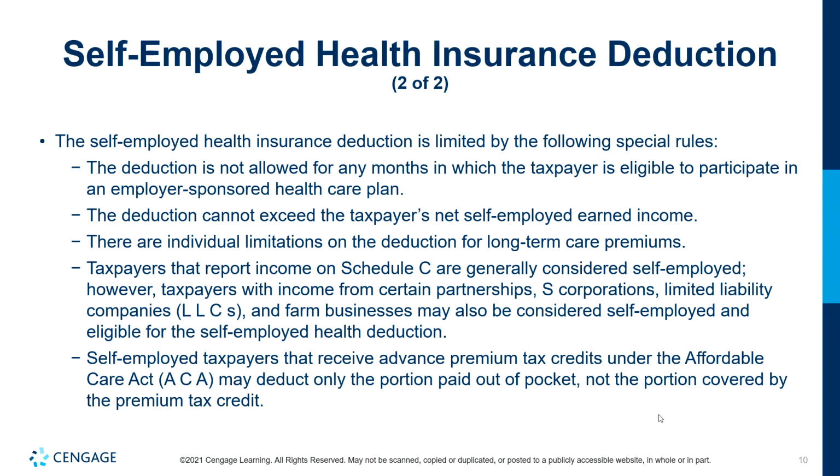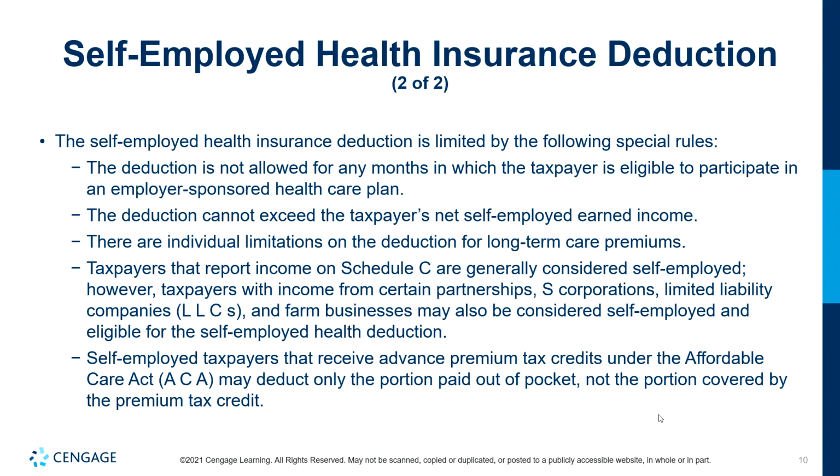So, if somehow they are hired by someone as an employee and that employer sponsors anything, we're not allowed to take it. Again, questions we ask. The deduction cannot exceed the taxpayer's net self-employed earned income. Basically, it just zeroes out the income and that's it. There are individual limitations, again, for long-term care premiums.